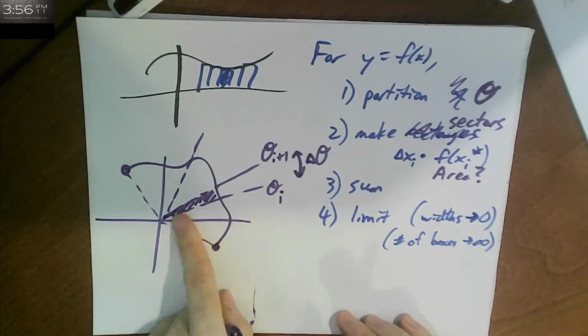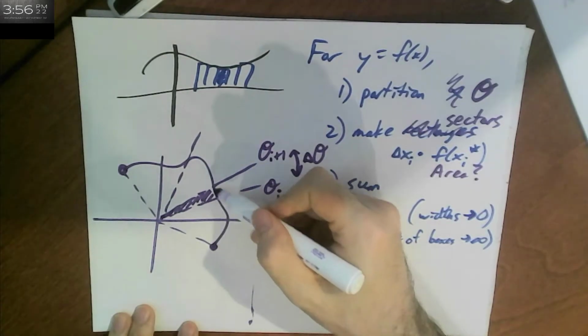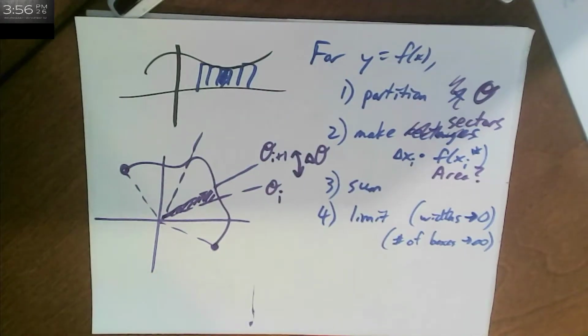Now we need some way to figure out the area of this snow cone looking shape, this spike looking shape. It's very roughly kind of triangular, but it's not really, because at the base here, it's curvy. Step 3 is still going to be a sum, exactly the same. Step 4 is going to be a limit, exactly the same. Our task is to figure out what the area of a sector is.